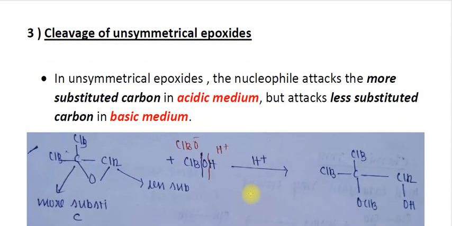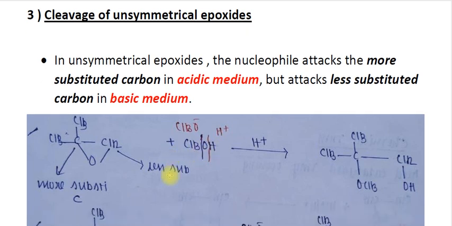The next is cleavage of unsymmetrical epoxides. If an unsymmetrical epoxide undergoes reaction with, for example, CH3OH, you should note that the carbon on which the nucleophile attaches will be different depending on whether the reaction takes place in acidic medium or basic medium.